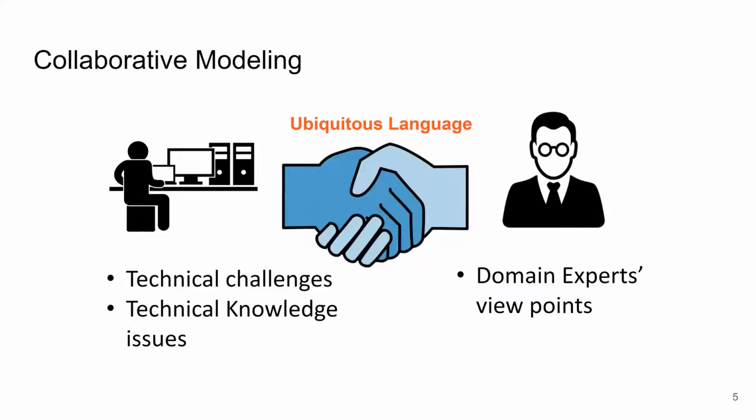Most of the time, they can't communicate with each other because they don't really speak the same language. So we try to create a ubiquitous language based on business terms to facilitate the communication between domain experts and the technical team.